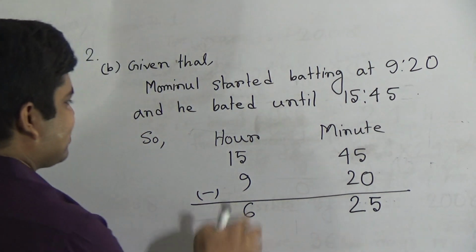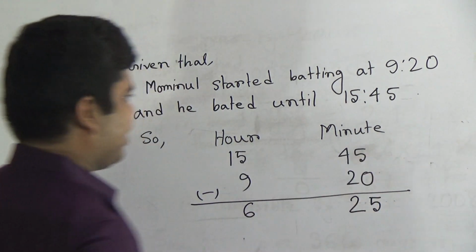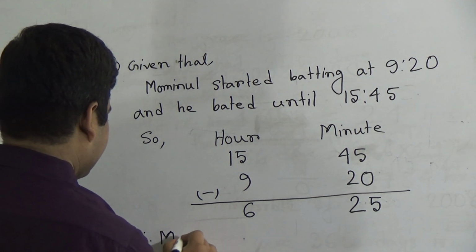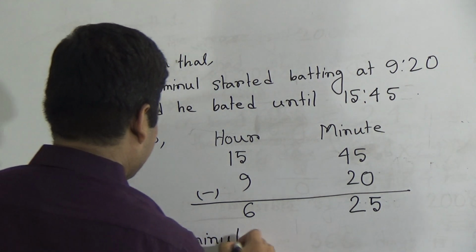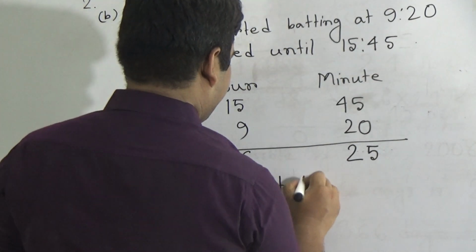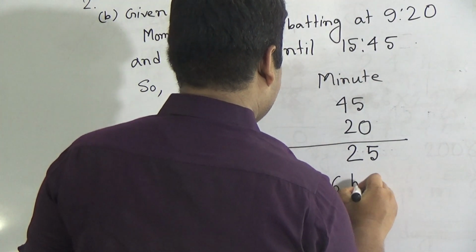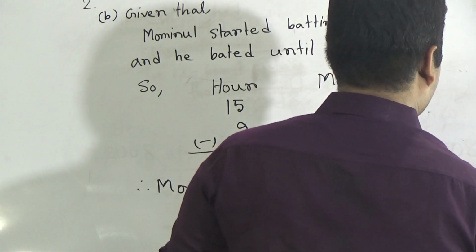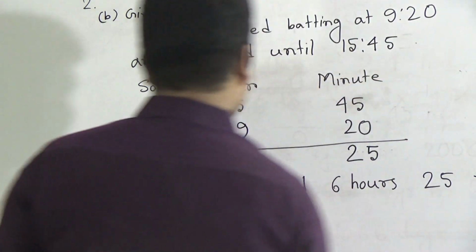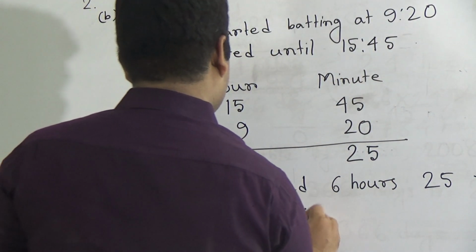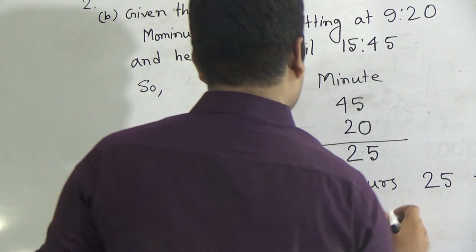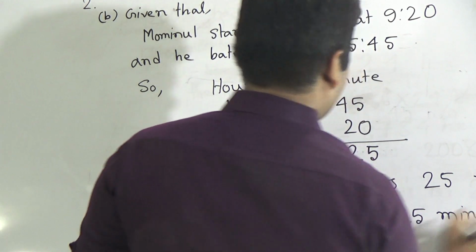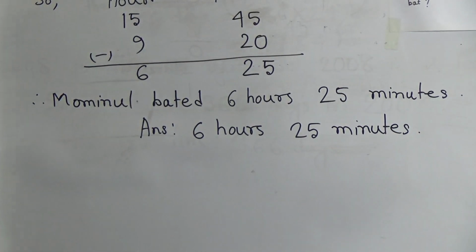So 6 hours 25 minutes. So we write Mominul batted 6 hours 25 minutes. Answer: 6 hours 25 minutes. I hope you have understood.